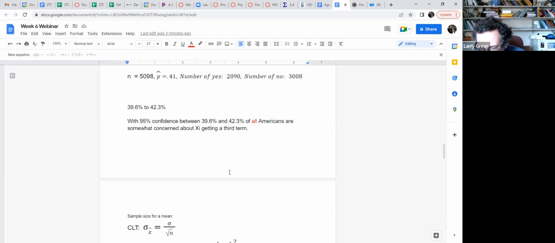And confidence intervals are a big part of project 2, but you're going to be doing what's called a comparison study. So it won't be like project 1 where you just looked at one survey question. With project 2, you're either going to look at 2 survey questions, it turns out, and compare the answers, or you're going to be looking at 2 groups and compare the groups, like men versus women or something like that, or, you know, Californians versus Nevadans or something like that.